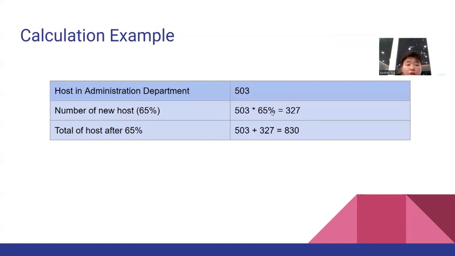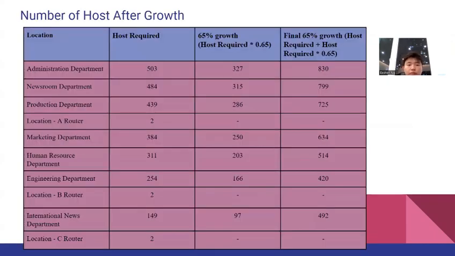So the total of hosts after 65% growth is 830. So these are our number of hosts after growth for each department.